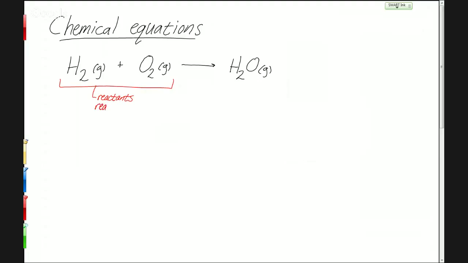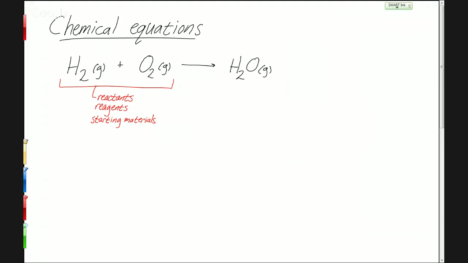Sometimes reagents. Sometimes just starting materials. Things you start with.